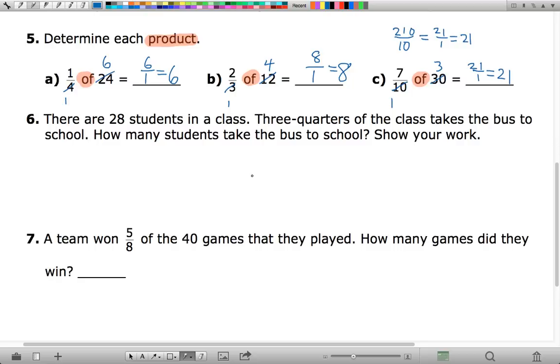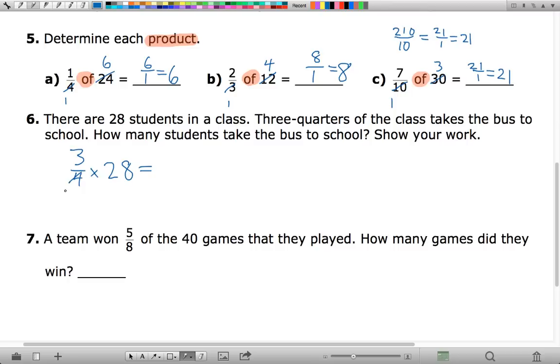Alright, now taking a look at a word problem and how we can solve this using multiplication of whole numbers with fractions. Here it says there are 28 students in a class. 3/4 of the class takes the bus to school. How many students take the bus to school? Show your work. Alright, so if we have 3/4 of the class, which has 28 students in it, we're doing 3/4 of 28, or 3/4 times 28.